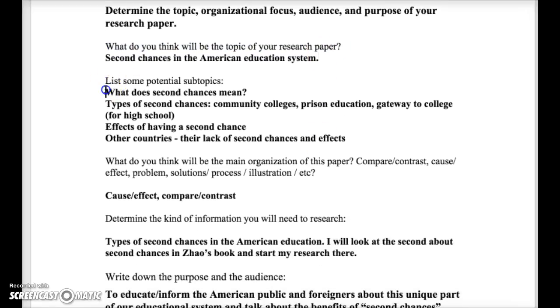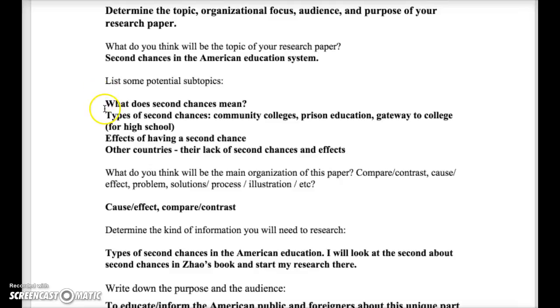Then I'm going to think of some potential subtopics. How am I going to lay out, what are my body paragraphs going to be about? How am I going to break this topic down? So I've thought about this carefully, and I'm going to talk about in my body paragraphs the meaning of second chances, right? The different types of second chances that the education system offers. I'm going to look into community colleges.